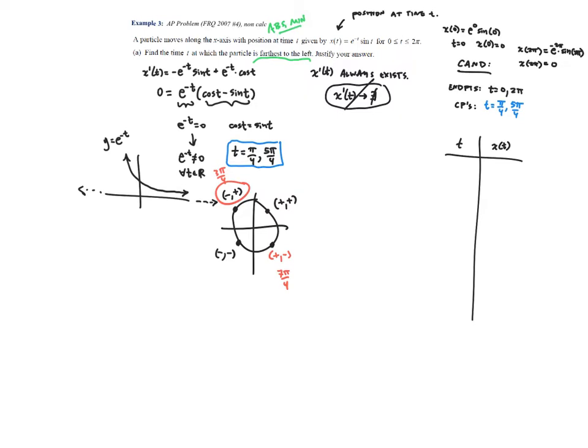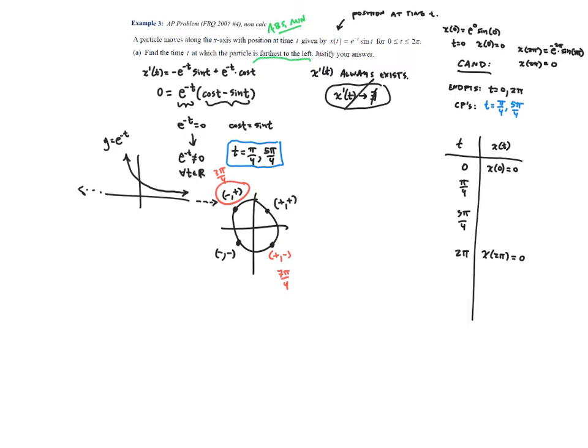So let's plug some values in. We're going to plug in 0, pi over 4, 5 pi over 4, and 2 pi. Now, we conveniently already found x of 0. That was 0. And x of 2 pi, that was also 0. So we got our endpoints kind of checked off.